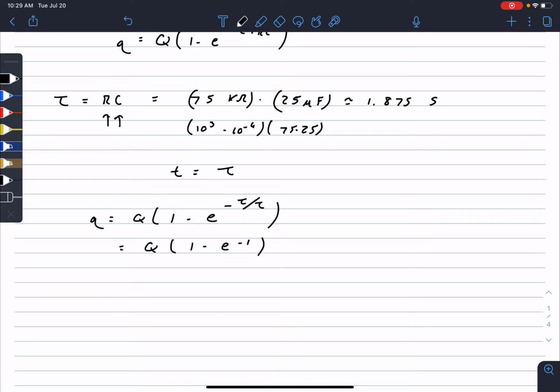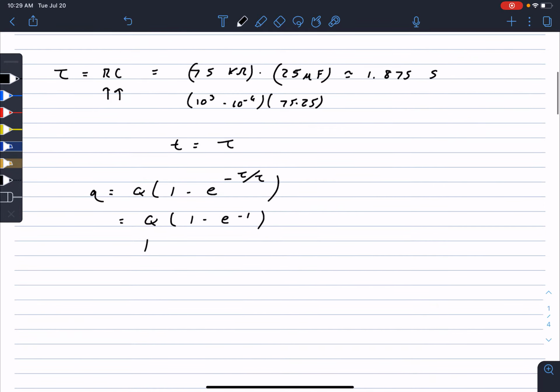All right. We also need to find Q max, our maximum charge. For this we have our EMF. Let's write the formula down: EMF times the capacitance, 12 volts times 25 microfarads.